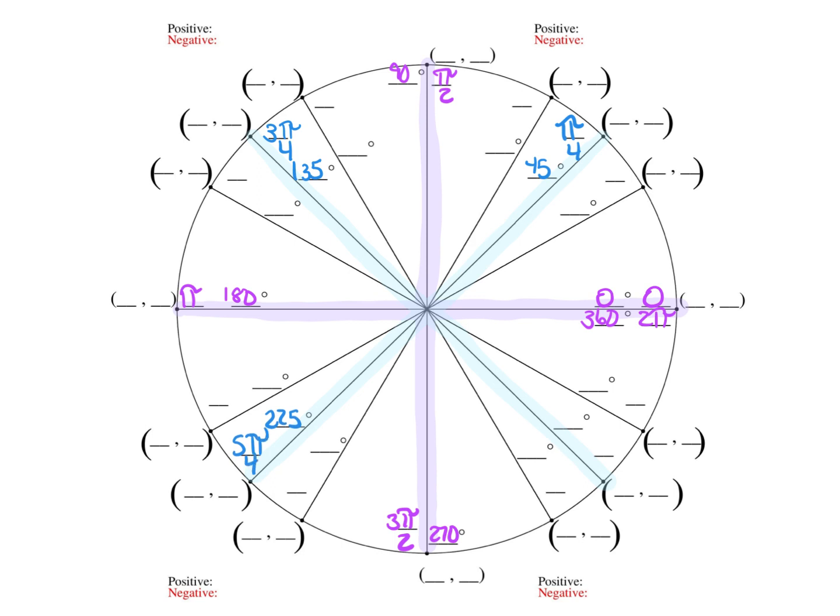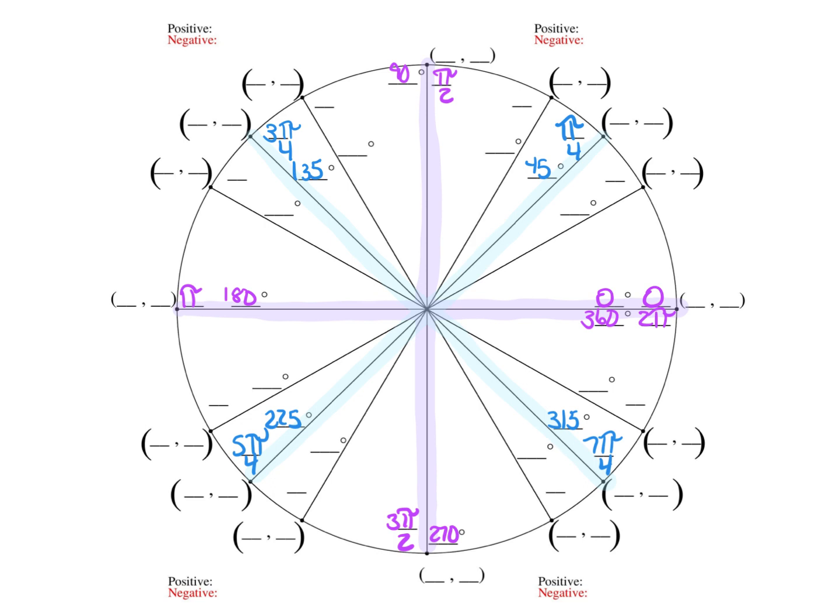The 270 is 6/4, which reduces to 3/2 pi. And then the next is 315 degrees, and that is 7/4, so 7 pi over 4. And then at the 360, that's 8/4, which is 2 pi. So I get those all filled in.